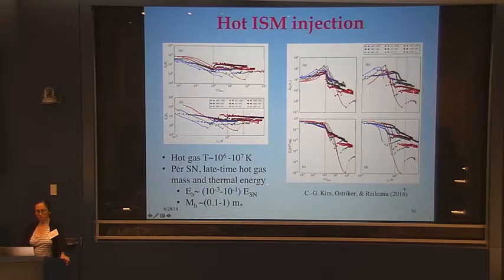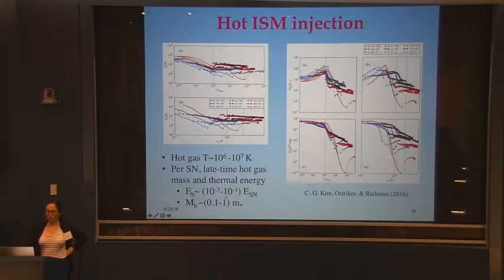So the other important thing that supernovae do is they inject hot gas. And this shows, from the same superbubble simulations, that the hot gas's asymptotic temperatures are in the range of 1 million to 10 million degrees. But after late times, there's really not that much hot gas mass left, because most of it cooled and made this accelerate, accelerating the shell.